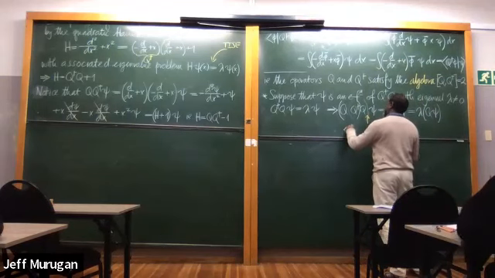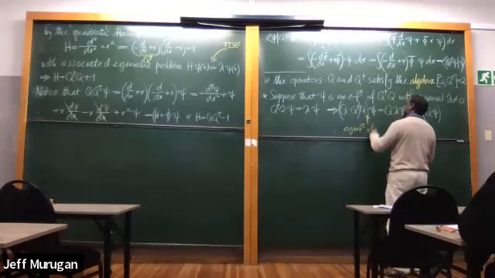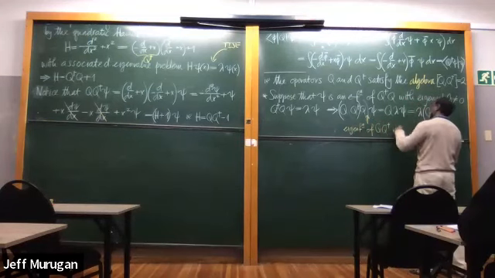So this is an eigenfunction of Q Q dagger, with the same eigenvalue.